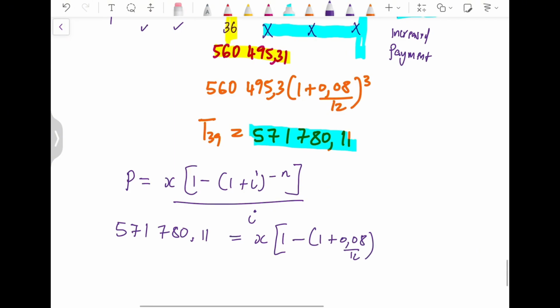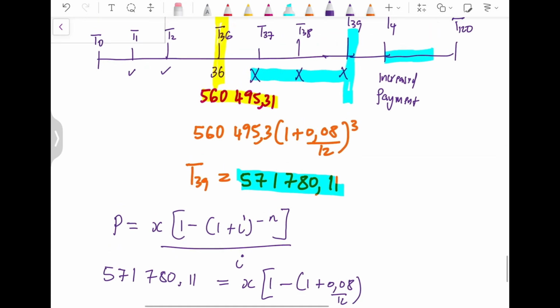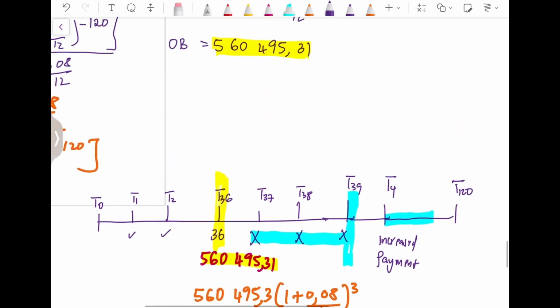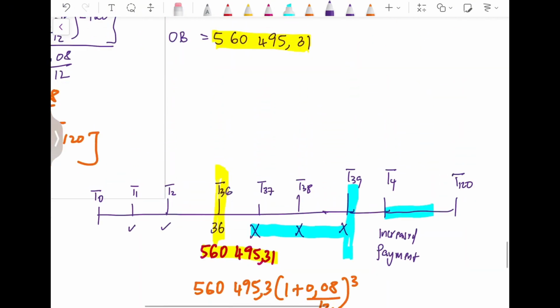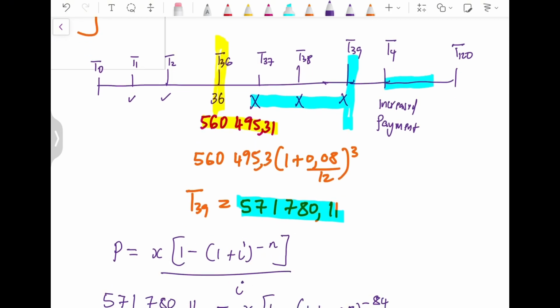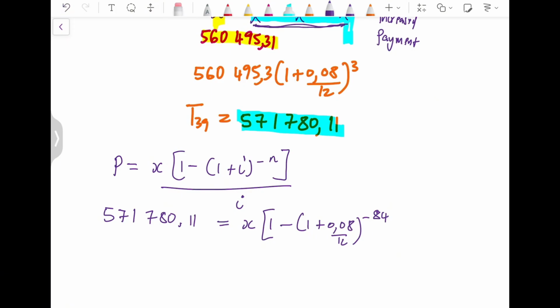to the exponent negative n. And then now from T40 to T120, or from T39 to T120, our n will be 84, because from T36 we said 84 payments were remaining, and then minus 3, and then we have not 84 but we have 81.